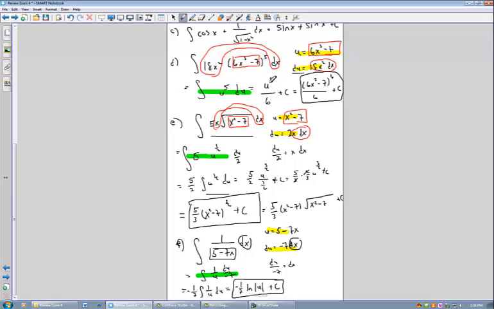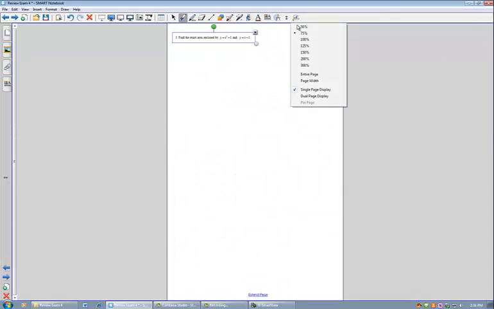So there's my integral. Don't forget to put plus c. Basically, it's all the same stuff. And then you simplify if you need to. All right, let's zoom back in.